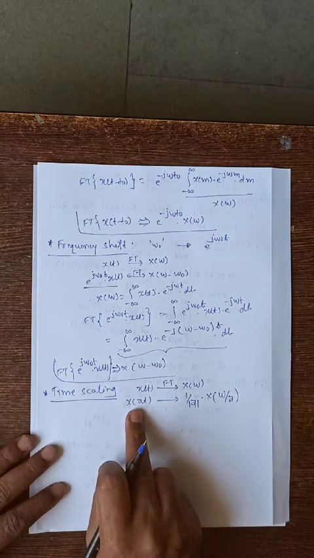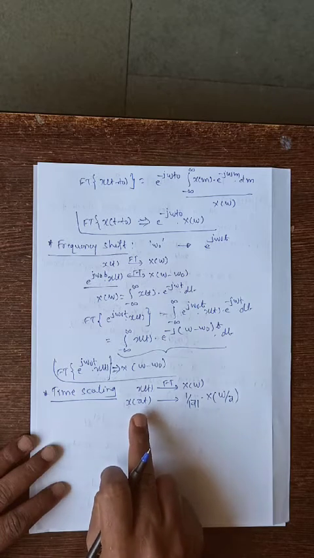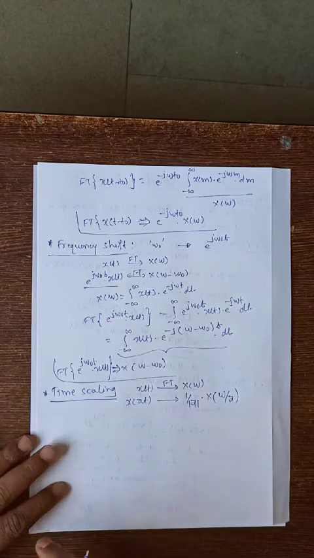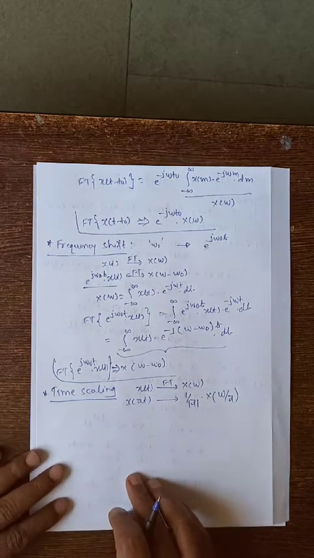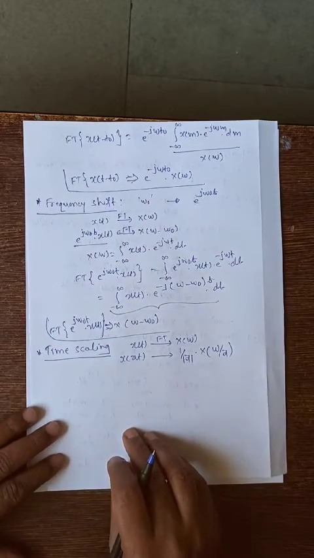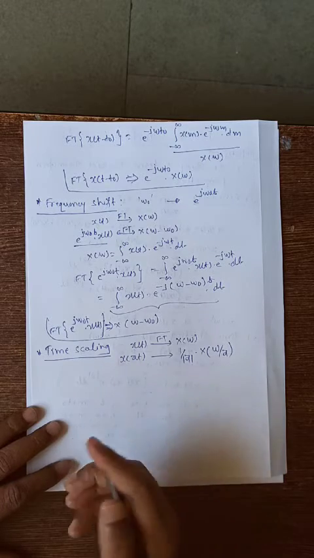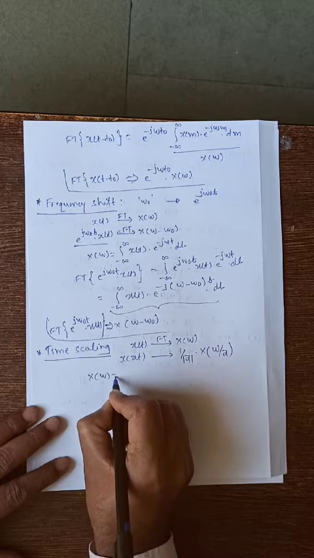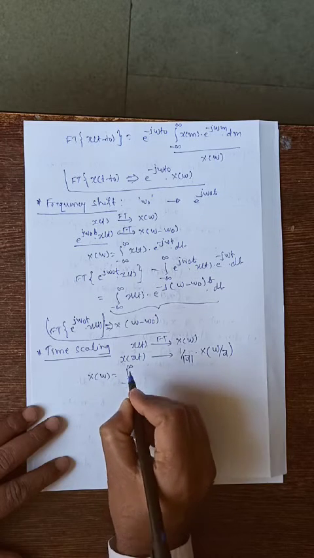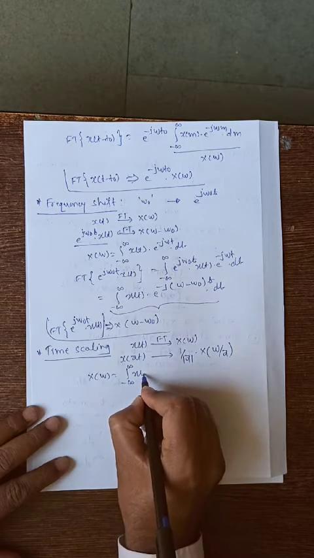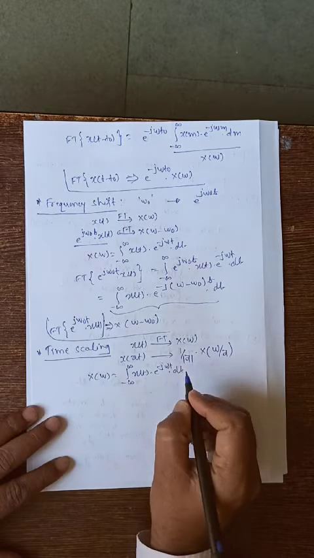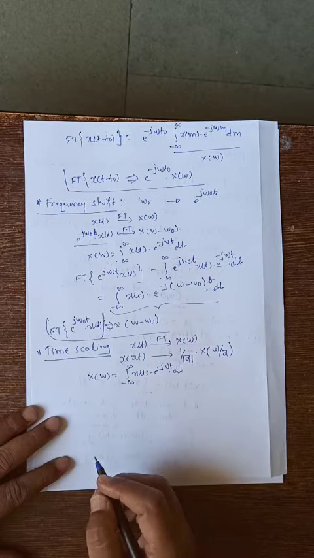That means when the signal is compressed in the time domain, then it will be expanded in the frequency domain. So to prove the property, we carry out the operation. So X of omega is equal to the integral from minus infinity to plus infinity of x of t into e raised to minus j omega t dt, that is the equation of the Fourier transform.